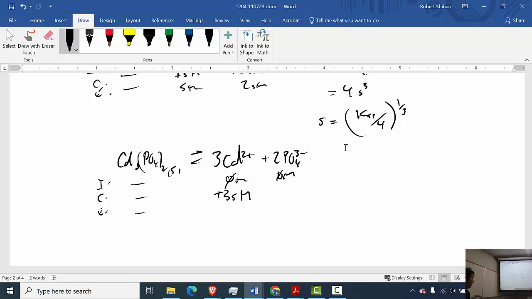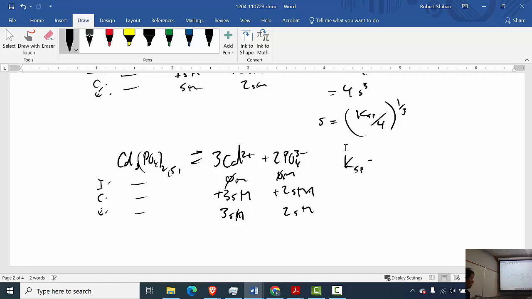And so the molarity of the cadmium at equilibrium is going to be 3 times the solubility of cadmium phosphate, because for every mole of cadmium phosphate, I'm going to form 3 moles of cadmium. And for phosphate, it's going to be double the solubility. And so at the end of this, I'll have 3 times the solubility for the molarity of cadmium and 2 times the solubility for the molarity of phosphate.